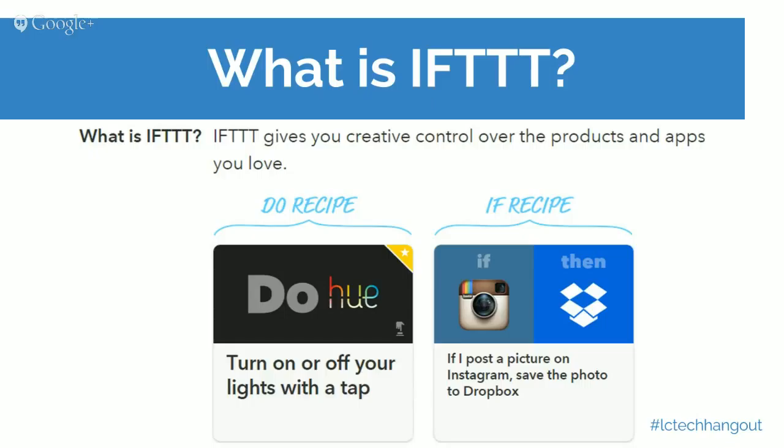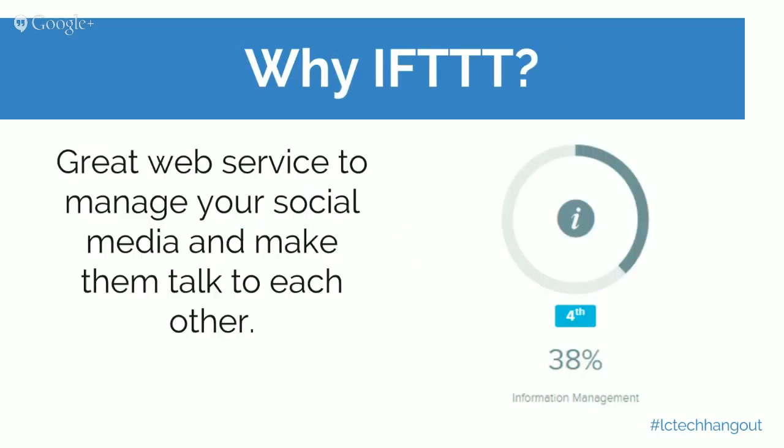On the left, you can see there's a do recipe, and on the right is an if recipe. Recipes are the things that you create to tie things together. A do recipe happens with a touch of a button. And an if recipe is the main thing that we're going to focus on because those allow you a little bit more flexibility in how those can happen.